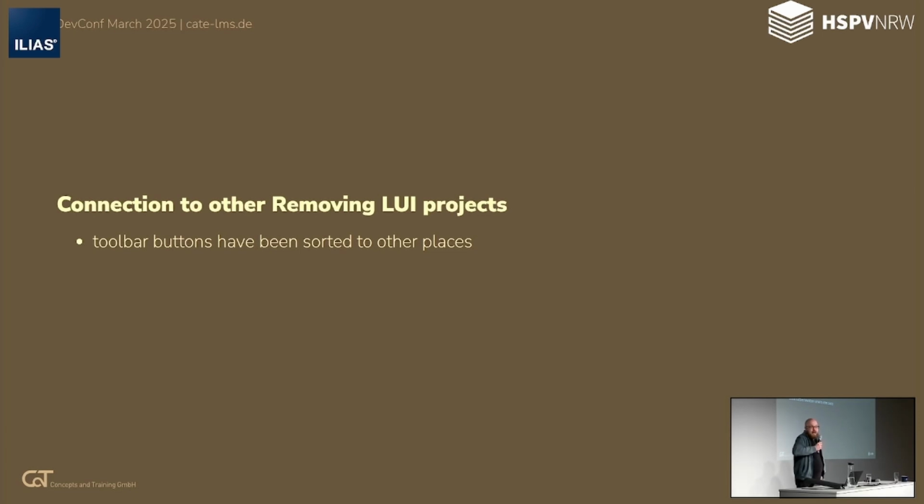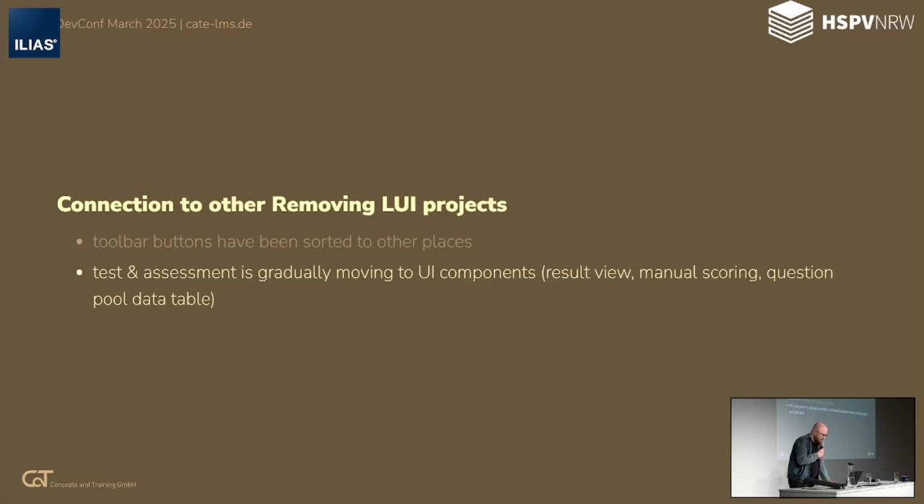And for the navigation, we have some kind of bar that goes over the entire screen, and the question is, should it stay like that? And the test and assessment, this is a big ongoing project to change all the UI components there. There are some that already have modern UI components, like the result view in manual scoring, I think is still work in progress. And the question pool data table is already out.